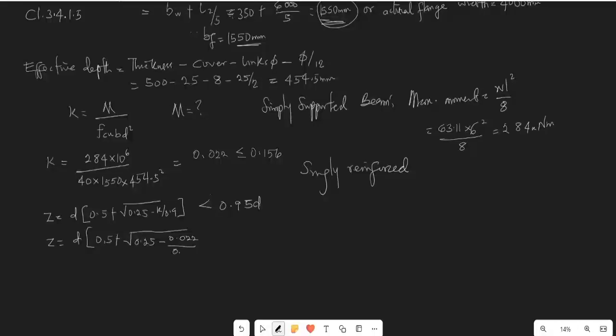All right, so the value of this would be 0.5. So we have 0.97 D, which is quite above 0.95 D, and we have to have 0.95 D. So we have to adopt Z to be 0.95 D.